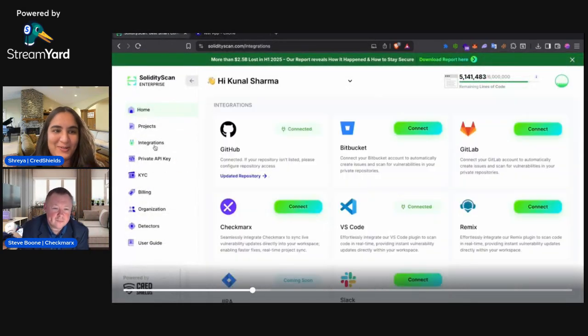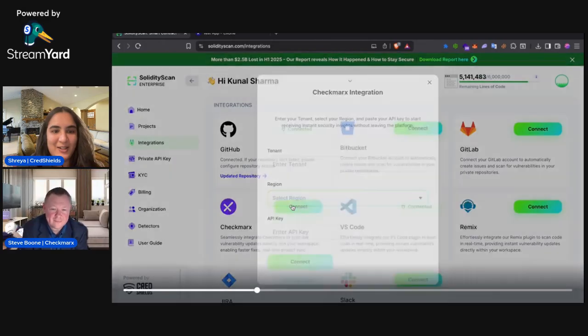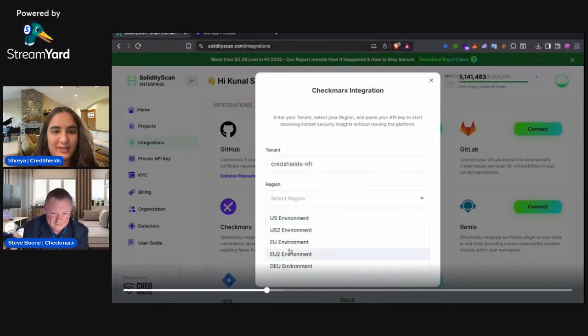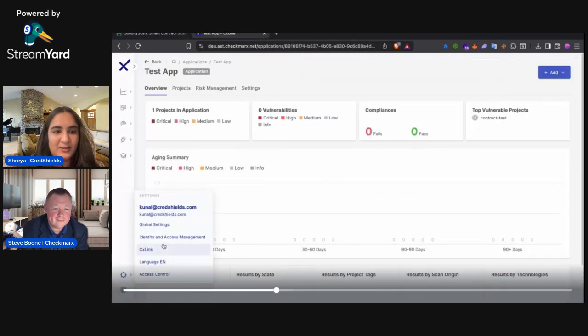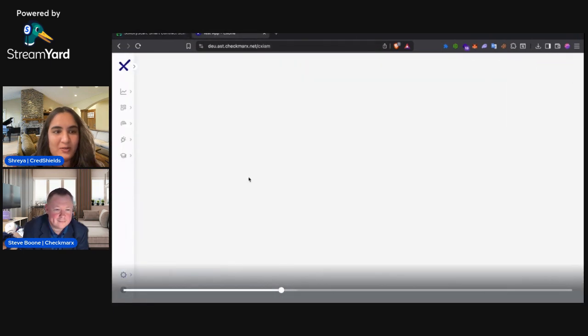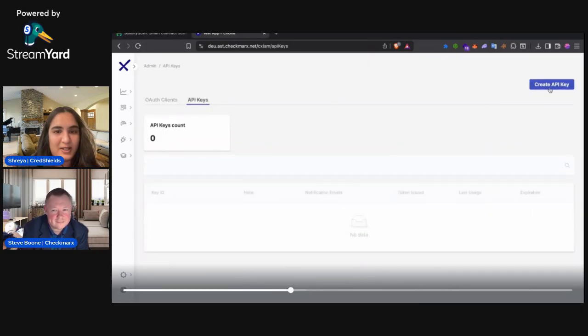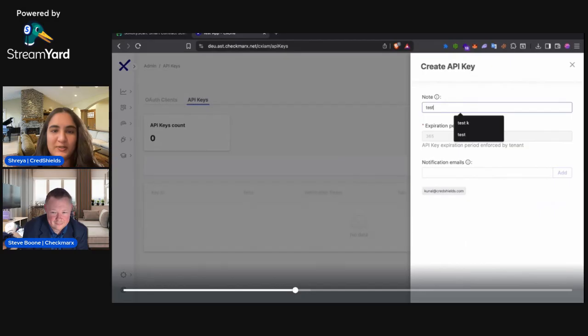Then you go back to SolidityScan, where you can connect Checkmarx and your project and the application that you just created. You select the region, then you go back to Checkmarx, you select the API keys. It's basically the process of how you connect Checkmarx to SolidityScan.